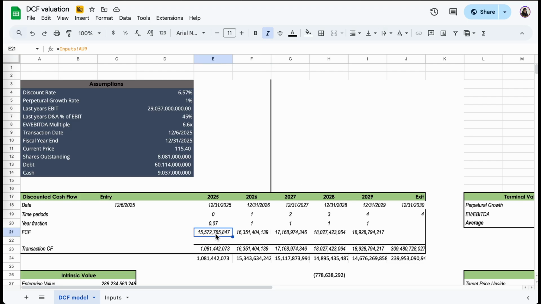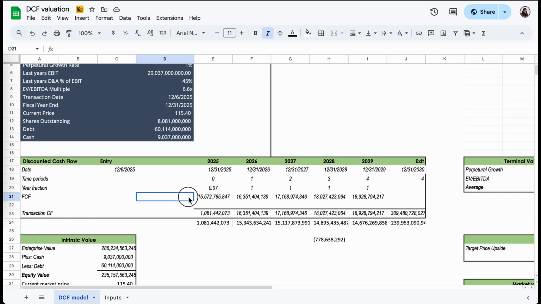But as you can see in my model, I apply only 5% growth to the free cash flow, and then extrapolate this to different dates. For example, for 2027, I think that the free cash flow will be the previous year free cash flow multiplied by 5%, and this will be 17 billion for the next year.